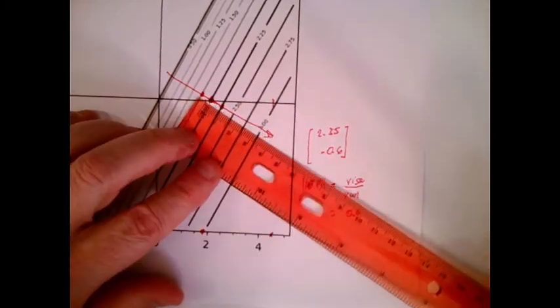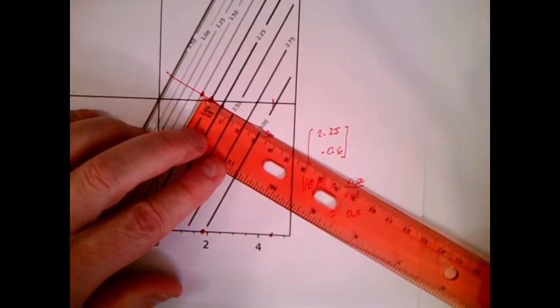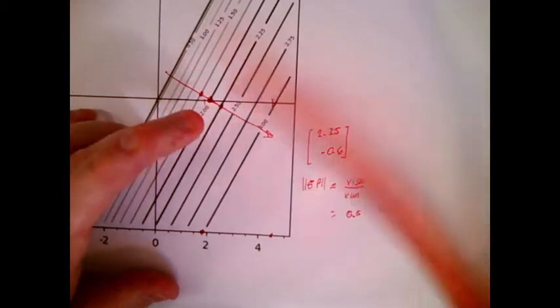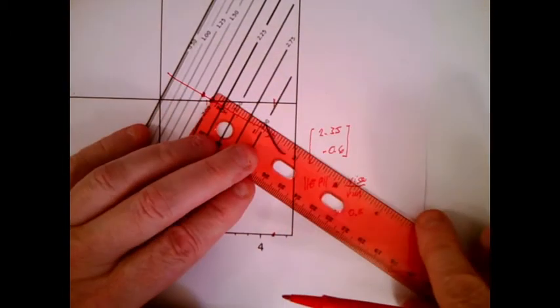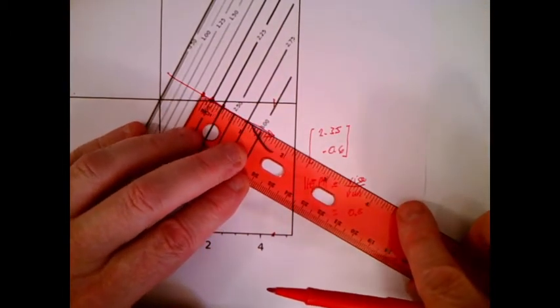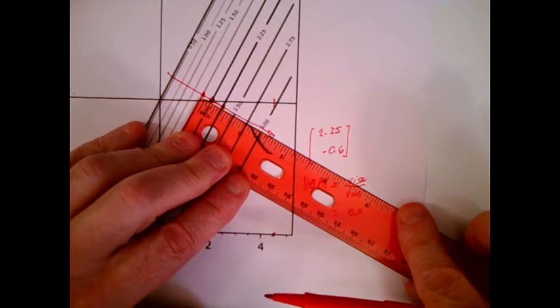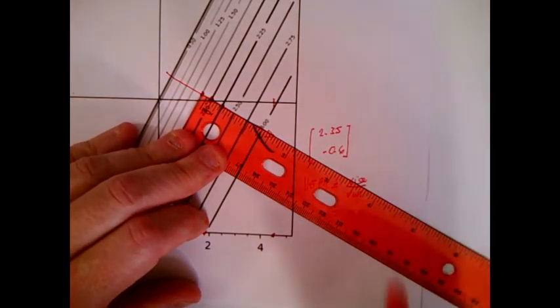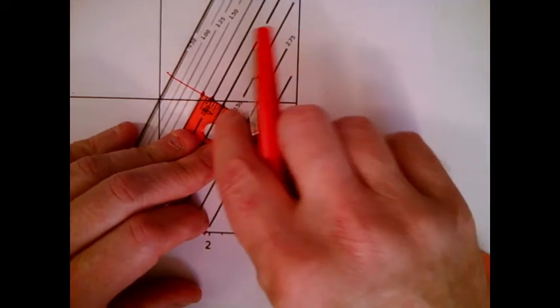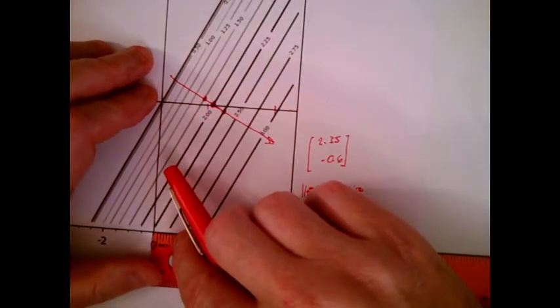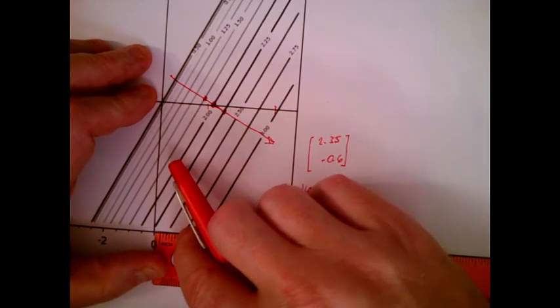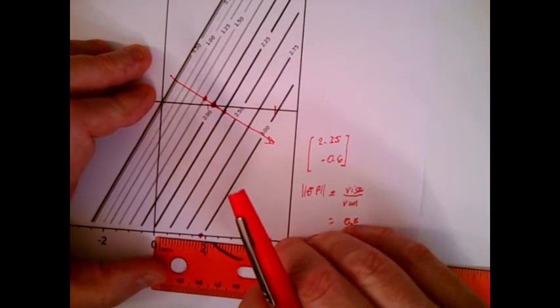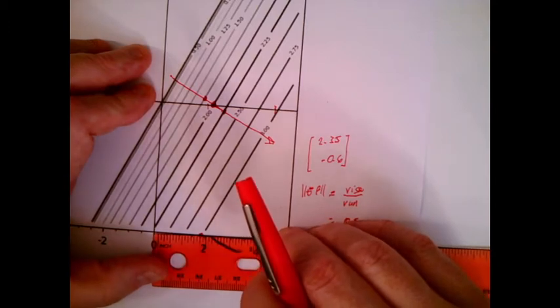I'll try again. Let's do inches. How about like that? More comfortable with that. What I'm going to get is about right there. So I'll just put my finger there, come down to like there, and I can see that the length is about 0.6, I think.